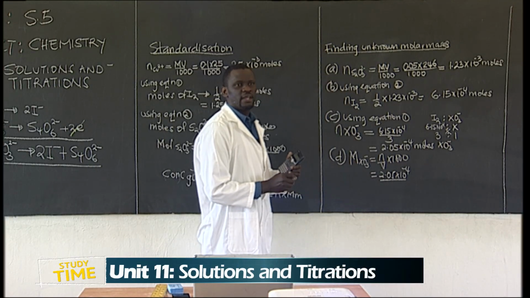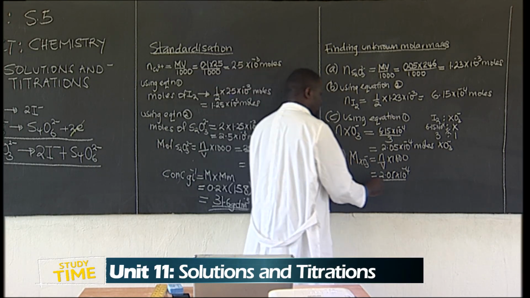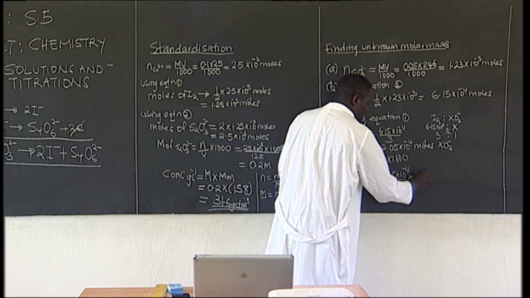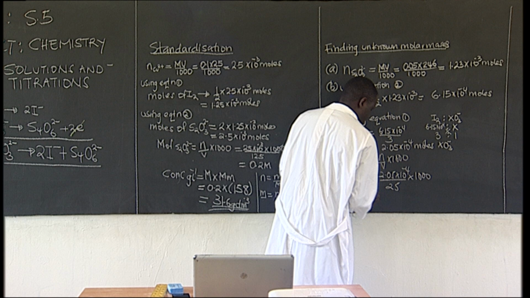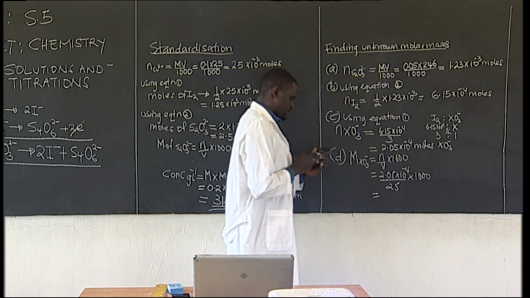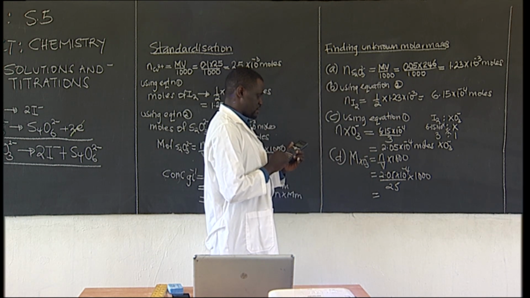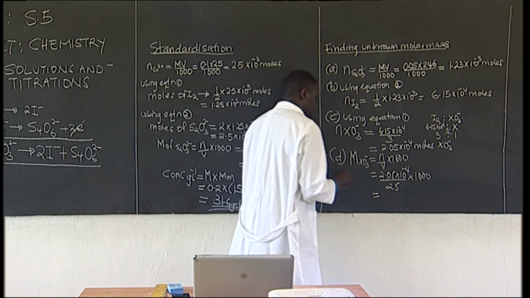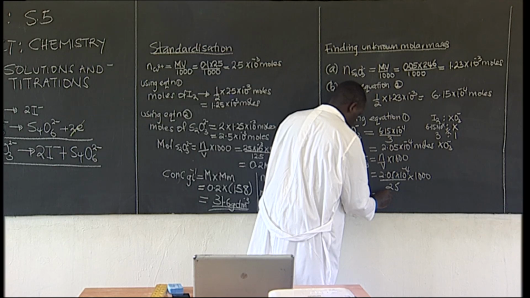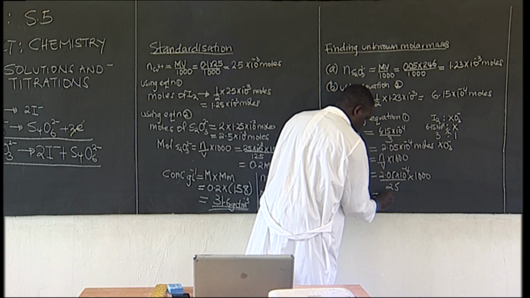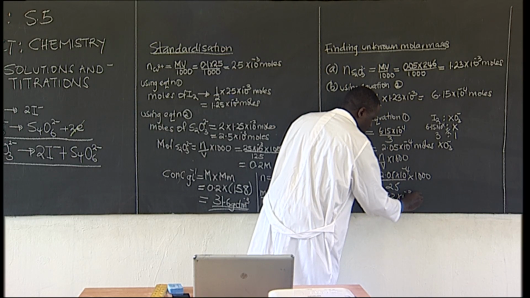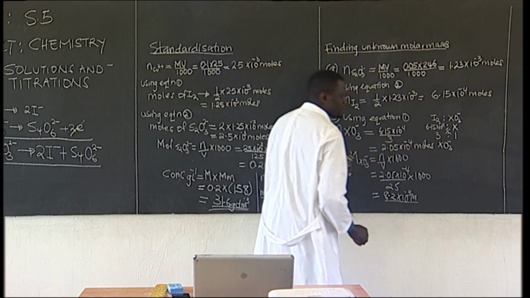Our volume was given as 25 centimeters cubed of this solution, times 1,000, divided by 25. So we have something like 8.2 times 10 to the power negative 3, which is our molarity.